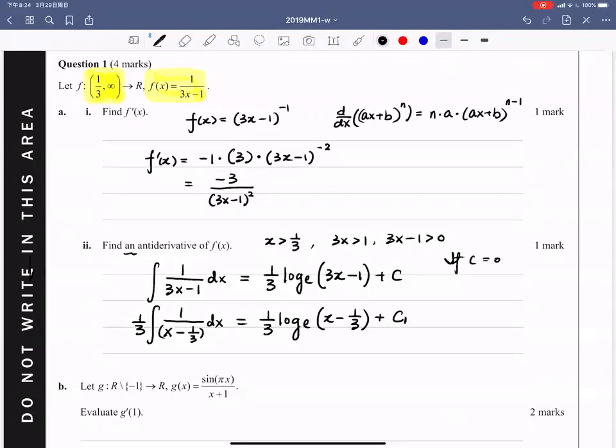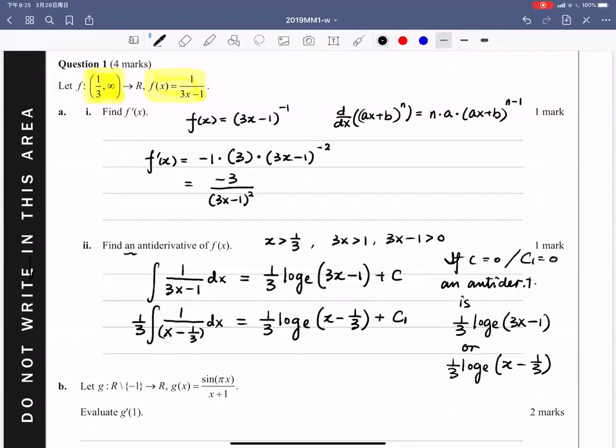If c equals 0, an antiderivative is 1/3 log e 3x minus 1, or 1/3 log e x minus 1/3. Okay? That's just two possible options for you to look at, right? Either one will be correct.